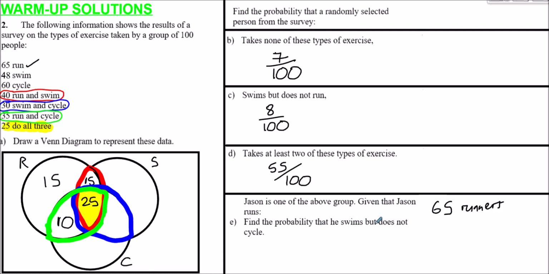So what's the probability that he swims but does not cycle? So if he's swimming but not cycling, we want to avoid anyone in this C circle. So if he's not cycling, we don't want this circle at all.